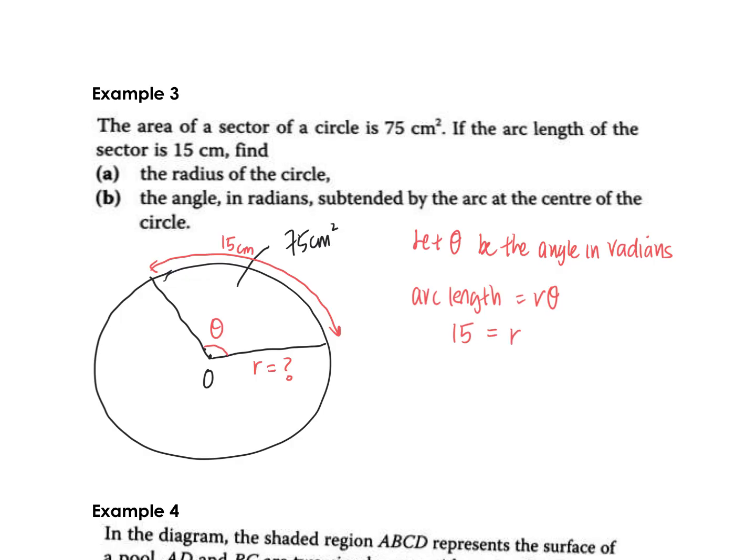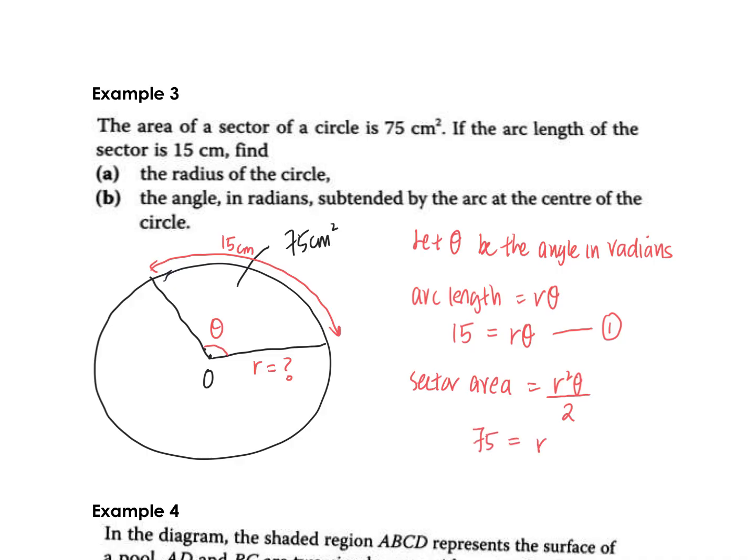I don't know what r is, I don't know what theta is, so I just let them be unknowns. That is fine. The second equation I can set up is the sector area. So I put in my formula: r squared theta over 2 equals 75.